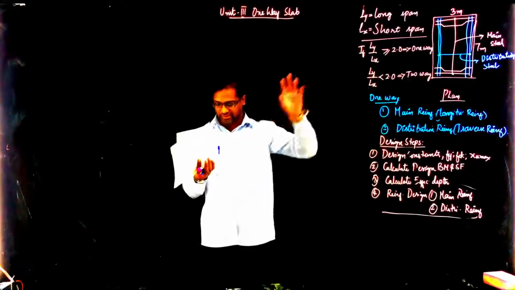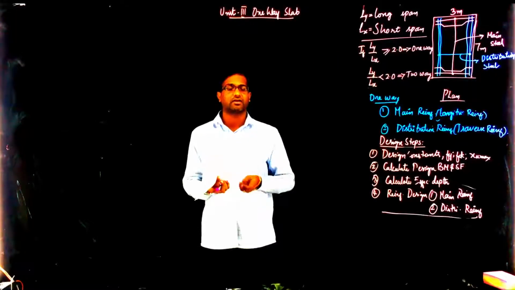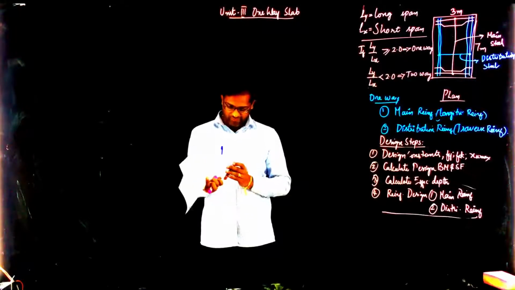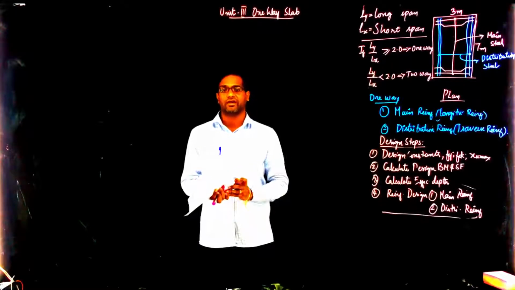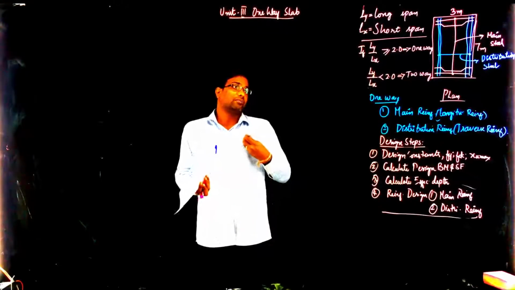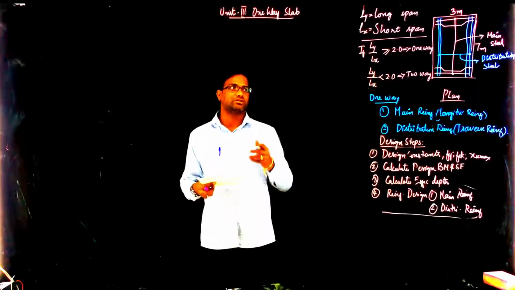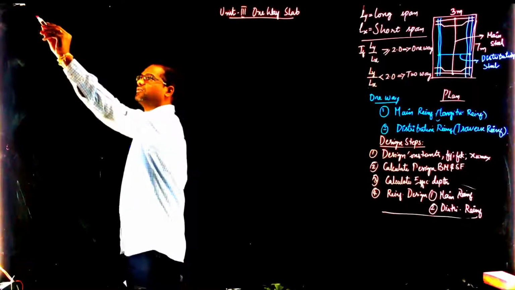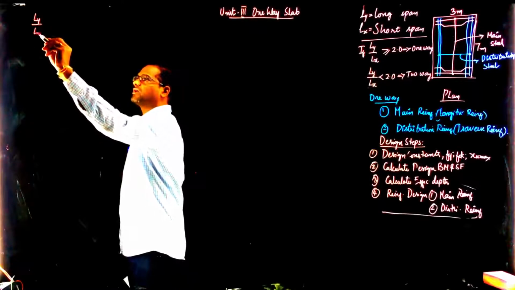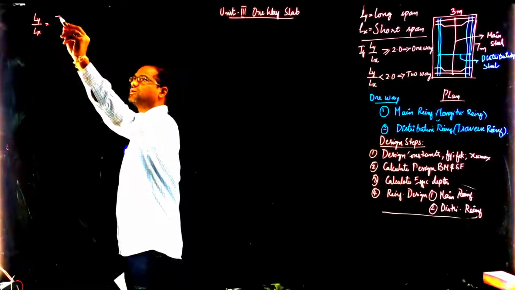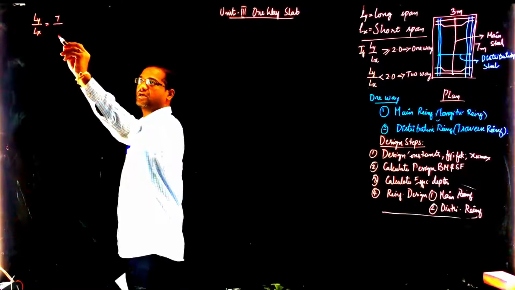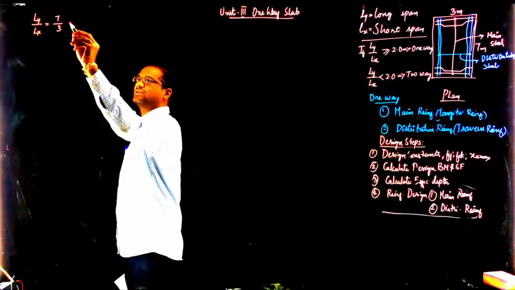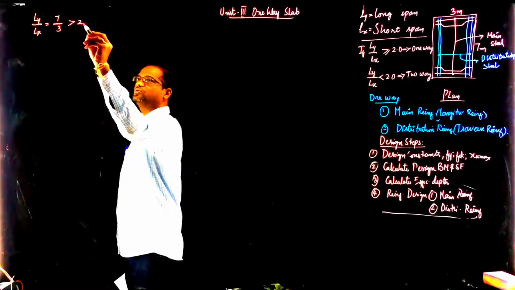So with the same dimensions we have taken, what kind of slab do we have now? We have a one-way slab because Ly by Lx, if you calculate, is more than 2. First we will write that down. The longer span by shorter span ratio: longer span is 7, shorter span is 3. You can directly write that this value is greater than 2.